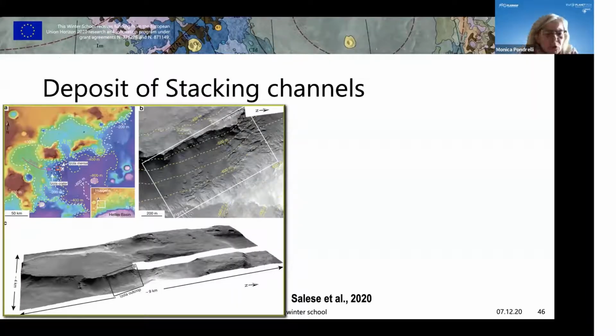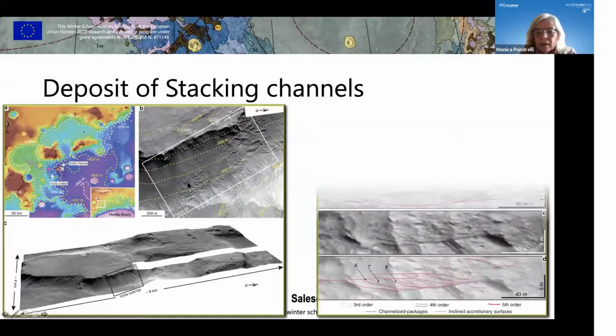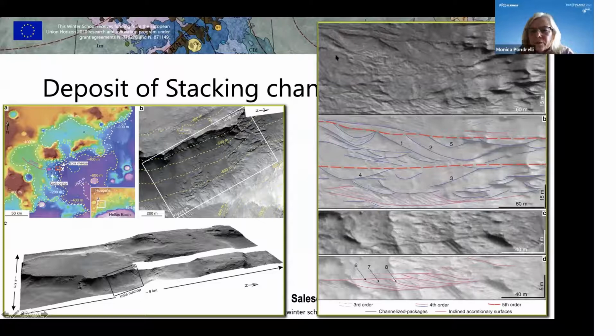Then I would like to show you this, just to speak about the deposits and the difficulty of seeing deposits on Mars. This is a lucky spot close to Hellas. Here there is this very large topographic break, where this stacking pattern of channels has been described recently. This is a paper from last year.